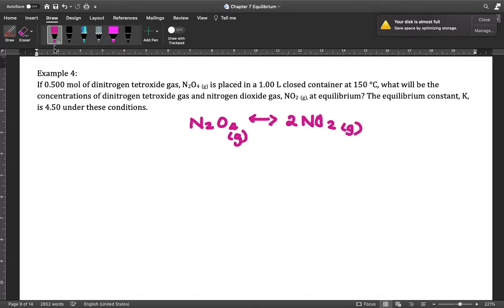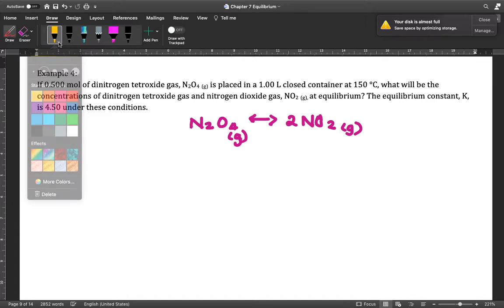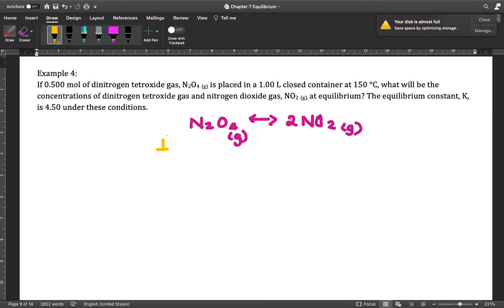So I'm going to start off as usual by making my ice table. So initial, change, and at equilibrium. And initially my concentration of dinitrogen tetroxide gas is 0.500 moles in 1 liter. So the concentration of that is going to be 0.500 moles per liter.